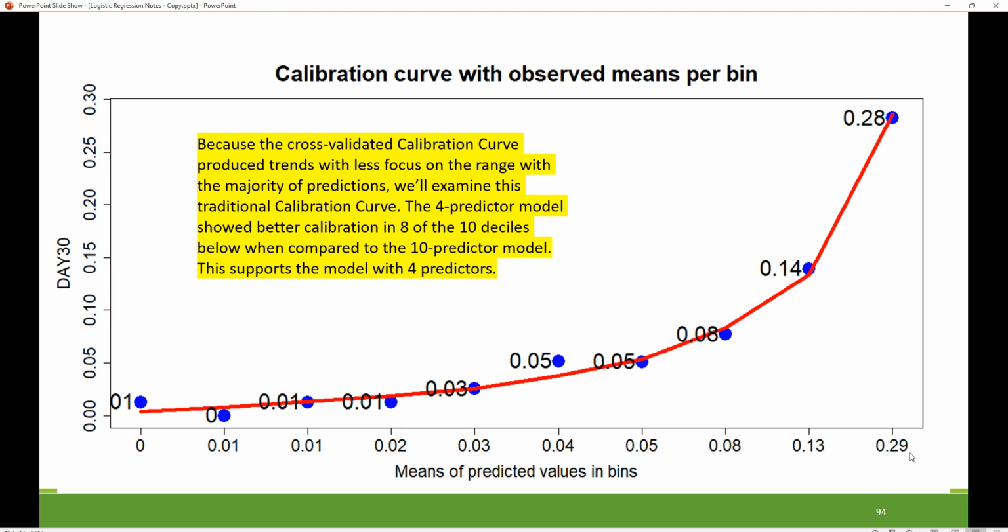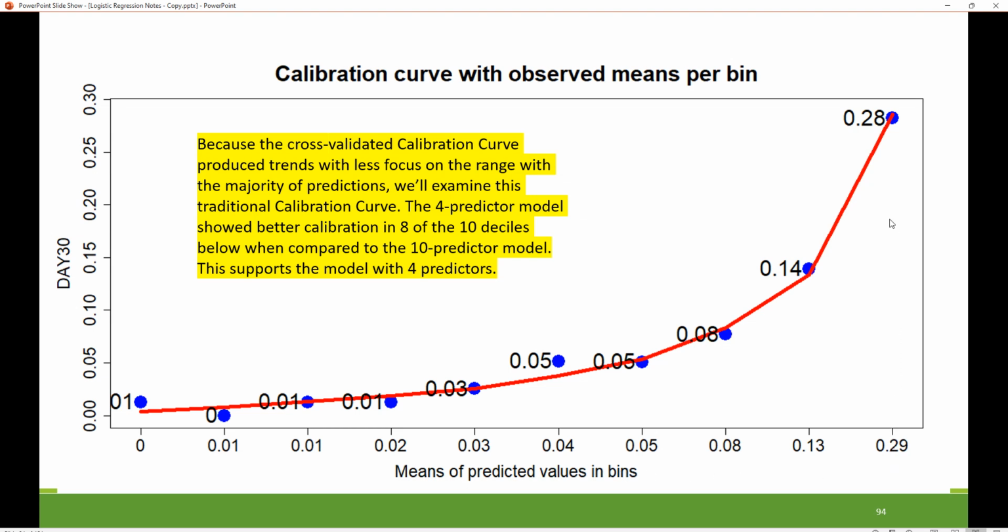And for that top bin, that 10th decile, the average of predicted values is 0.29. These are on the x-axis; we're looking at means of predicted values in each of those 10 bins.